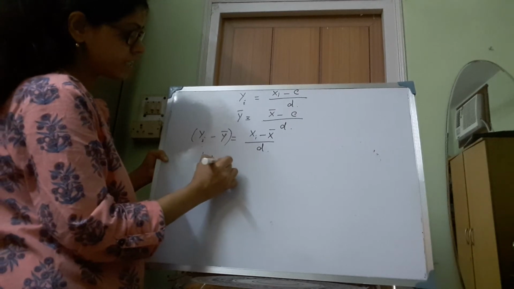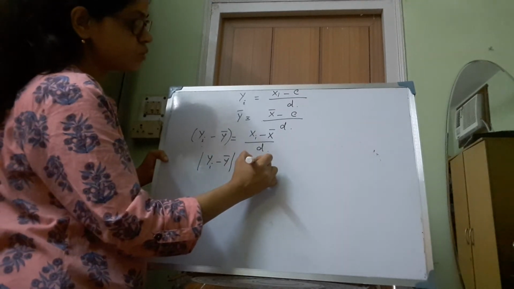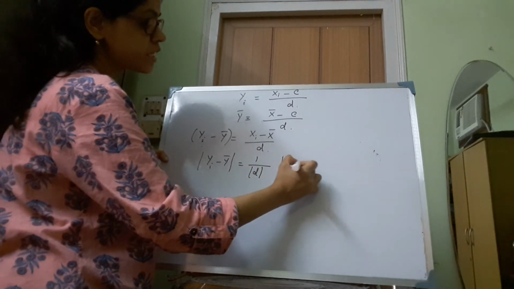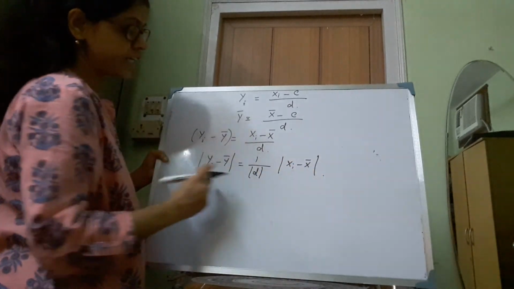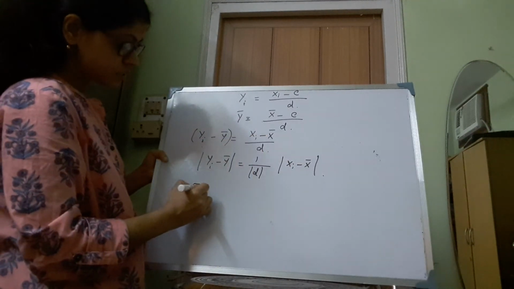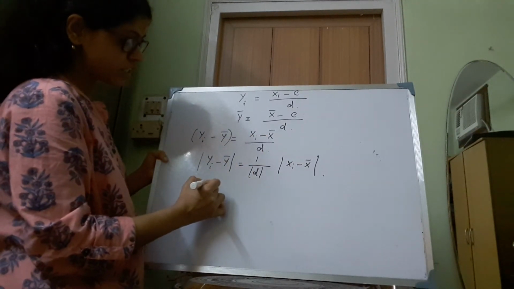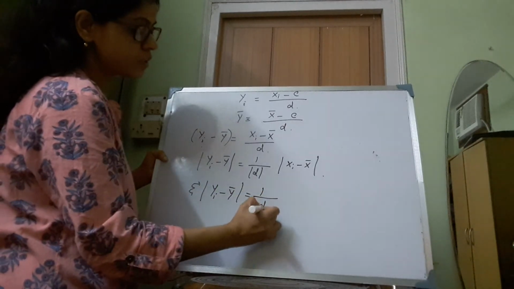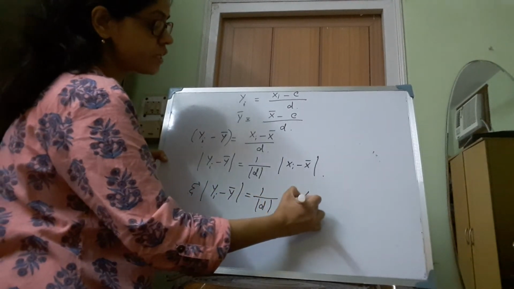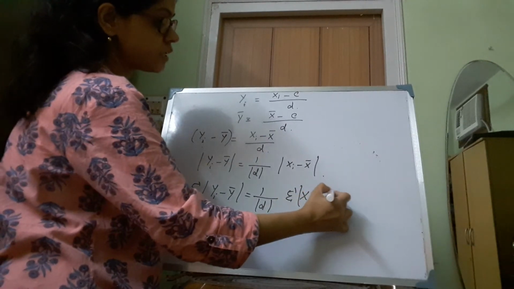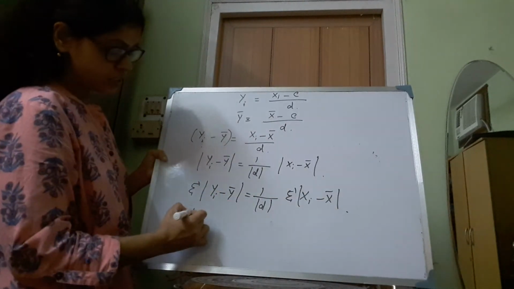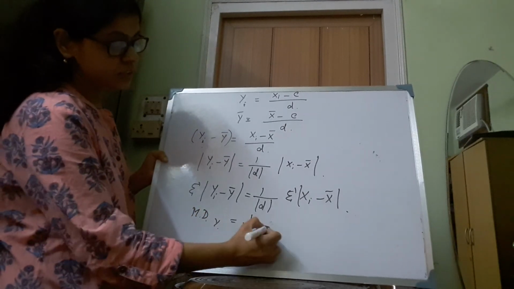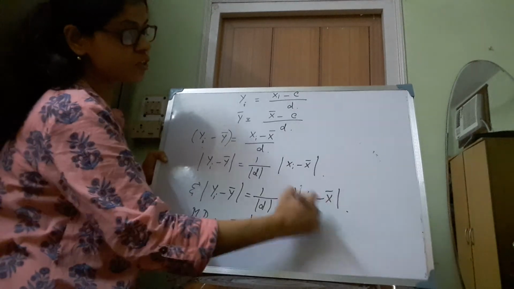So mod of yi minus y bar is equal to 1 by mod d, then mod of xi minus x bar, and then we are taking the summation on both sides, and by taking the summation we get summation of mod yi minus y bar is equal to 1 by mod d summation of mod xi minus x bar. Now this is the mean deviation of the variable y, and this is the mean deviation of the variable x.